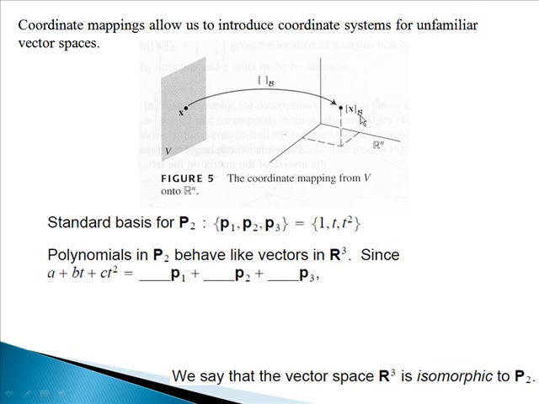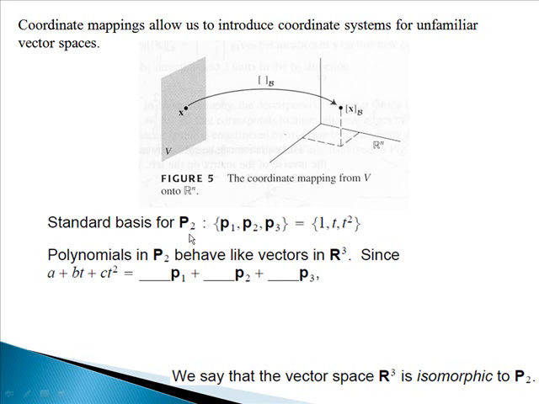So let's look at another vector space other than R^n that we're fairly familiar with. The standard basis for P sub 2 are polynomials, the vectors P1, P2, and P3, where P1 is 1, P2 is t, and P3 is t squared.